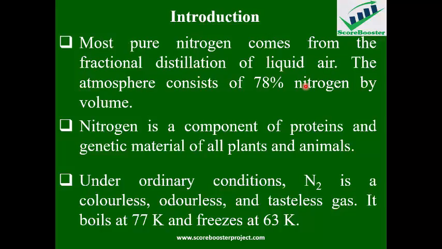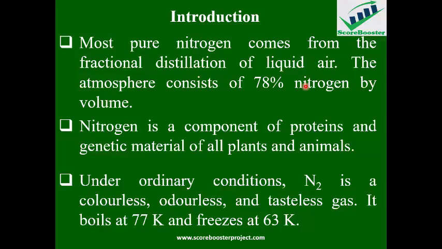The function nitrogen performs in the atmosphere is to act as a diluent to the atmospheric air, because if there is no nitrogen, this world will not be a safe place to stay, because that small oxygen, that 21% of oxygen, is enough to burn the whole Earth's surface. But thank God for the very large amount of nitrogen that is there to prevent the oxygen from causing combustion.